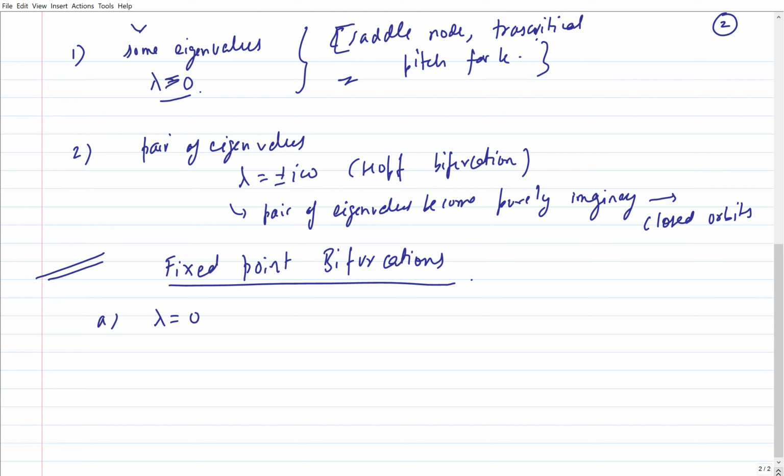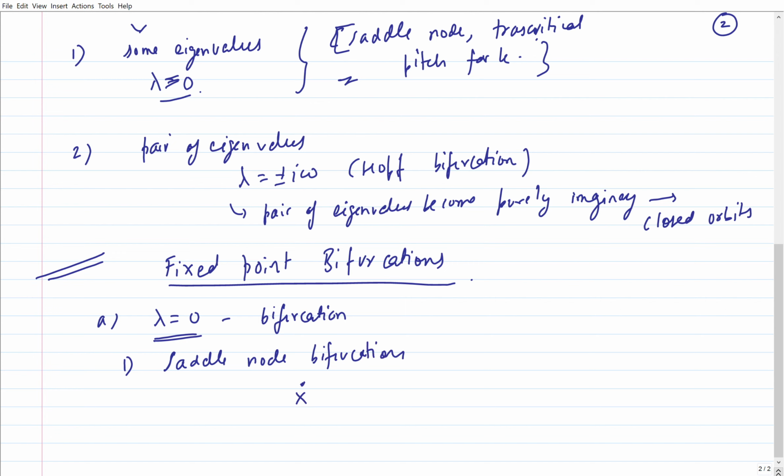Lambda equals 0 bifurcation. This will be clear in a moment why I'm saying it's lambda equals 0. So the first example is our standard saddle node bifurcation.